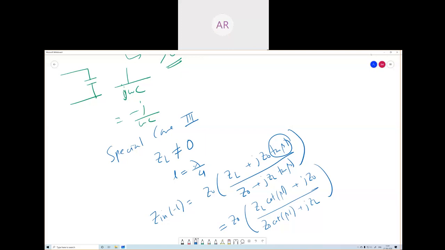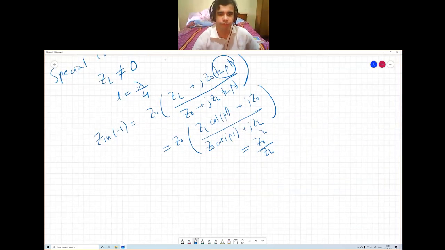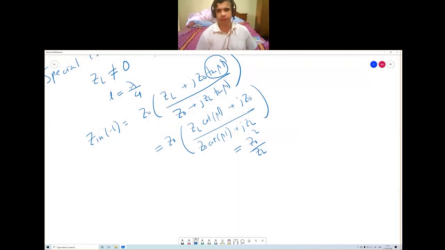If tan beta L is infinite, cot beta L will be 0. So this is Z0 square by ZL.